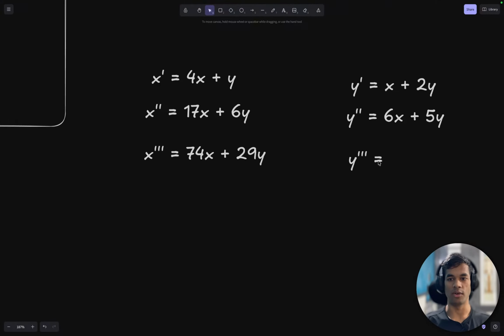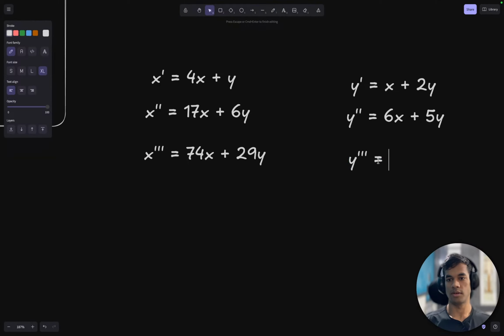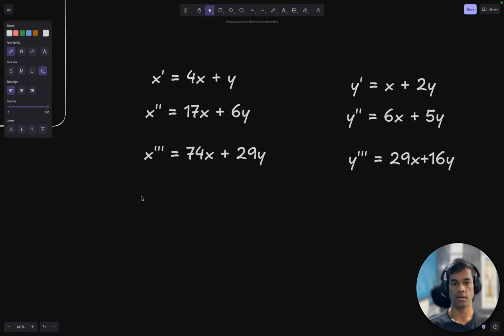Yes, it's been already 3 hours. Anyways, here 12 plus 17, which is 29x plus 5 plus 10 plus 6, 16y. And let's go one more step further.